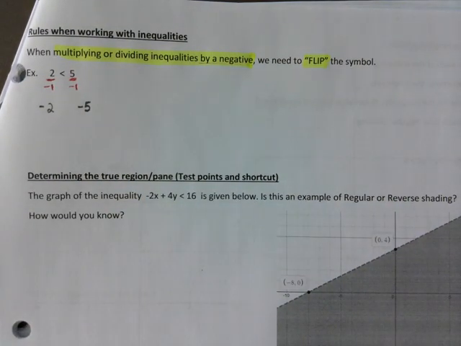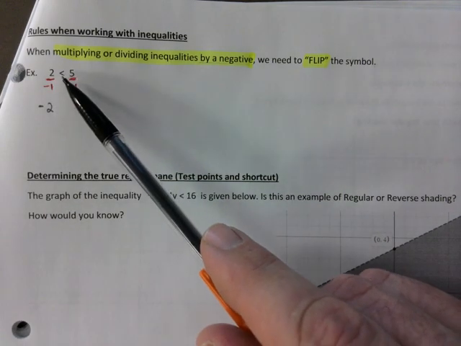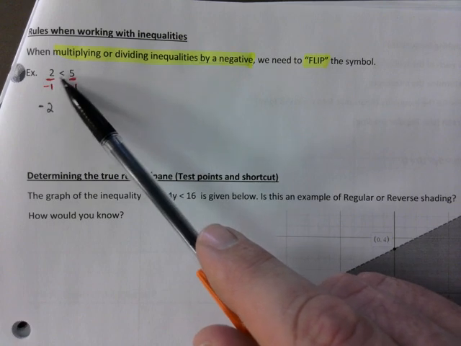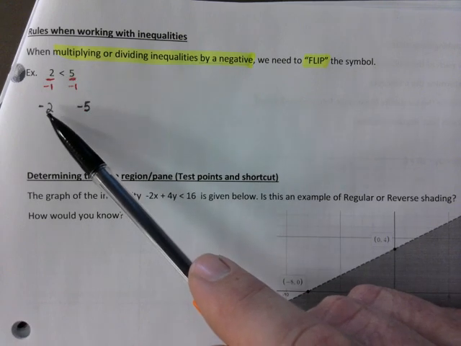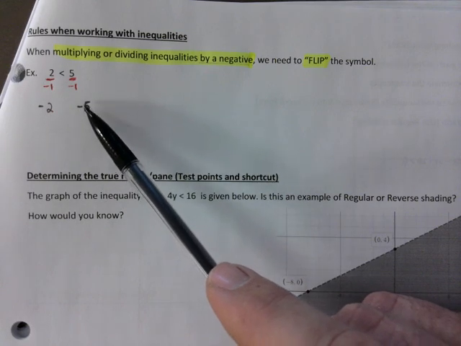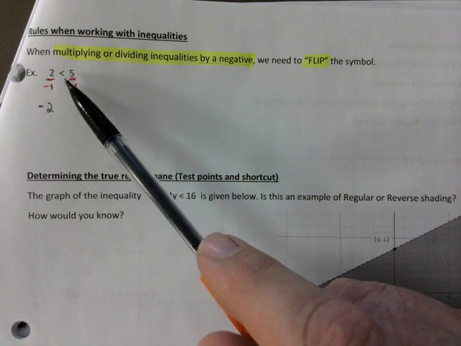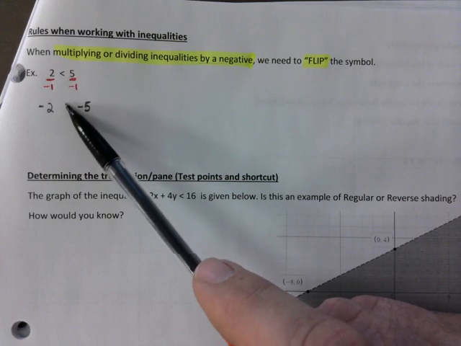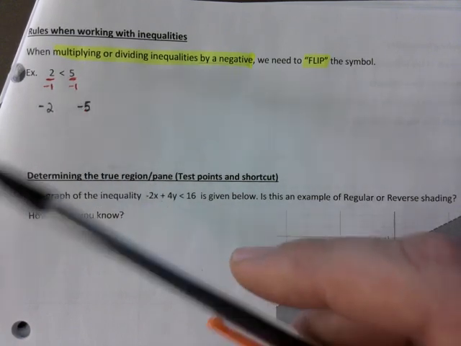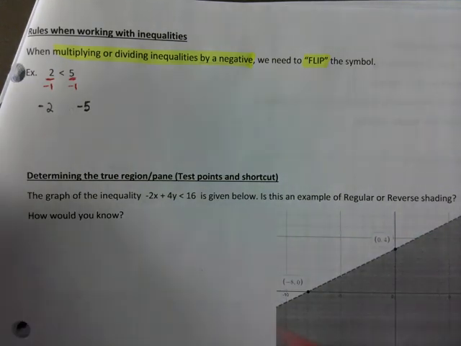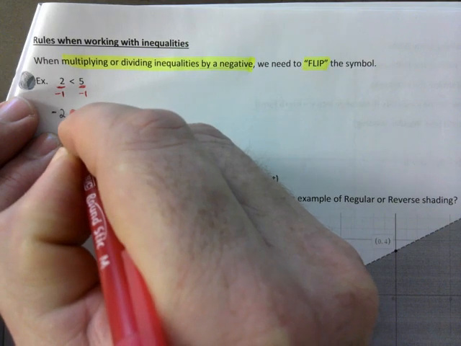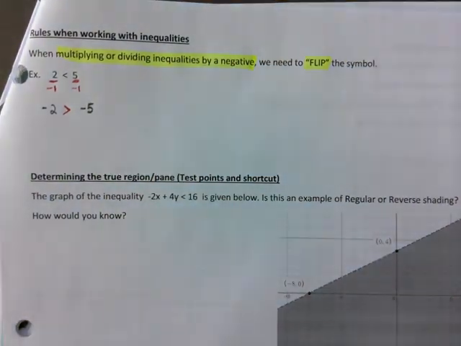This is a common theme with inequalities. Earlier, 2 was less than 5, correct? That statement was true. Which one is now the smaller one between the two? -5, which means that if you kept that inequality the same way, it would be a false statement. So you have to flip the inequality the other way. So flip this way. Okay.